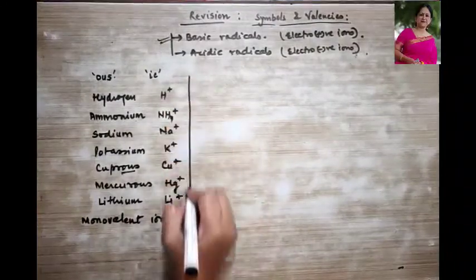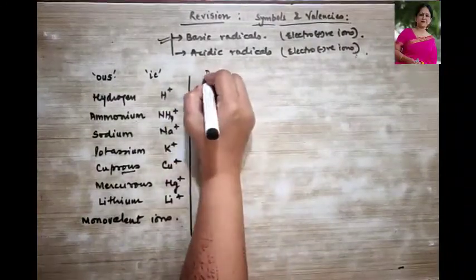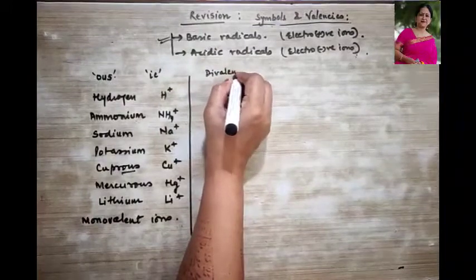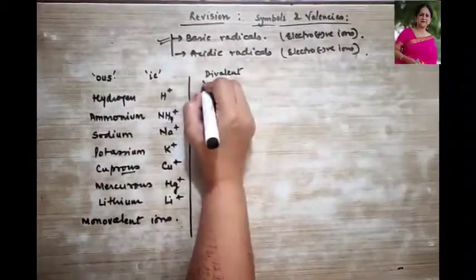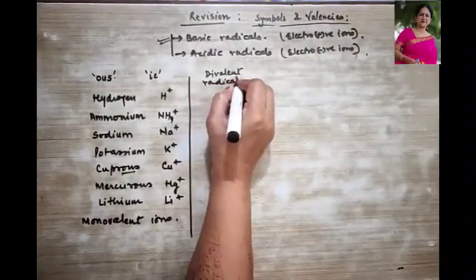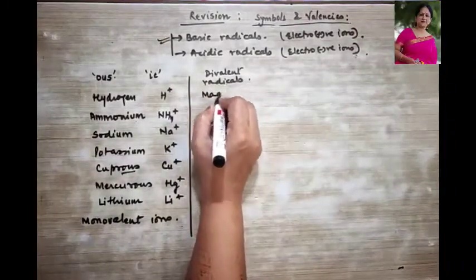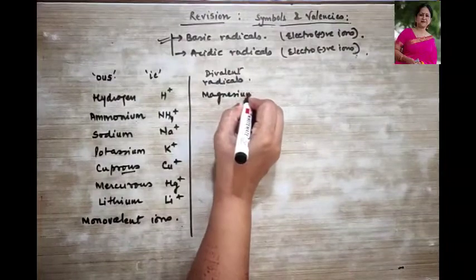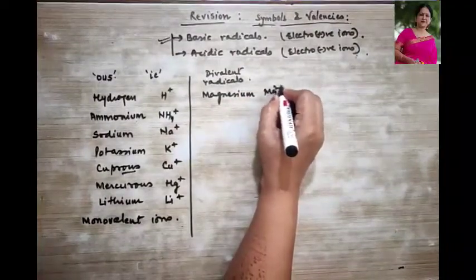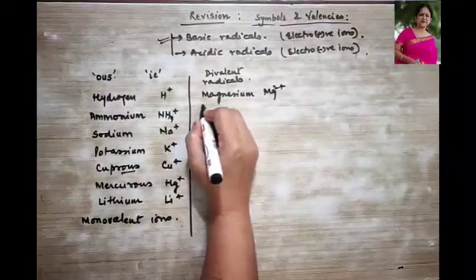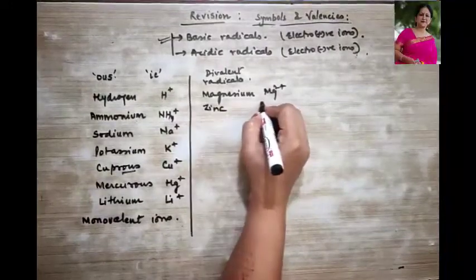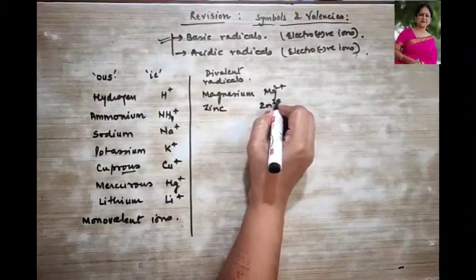Now let me talk about the divalent radicals. Divalent radicals could be like magnesium, that is Mg2 plus. Then you have zinc, that is Zn2 plus.